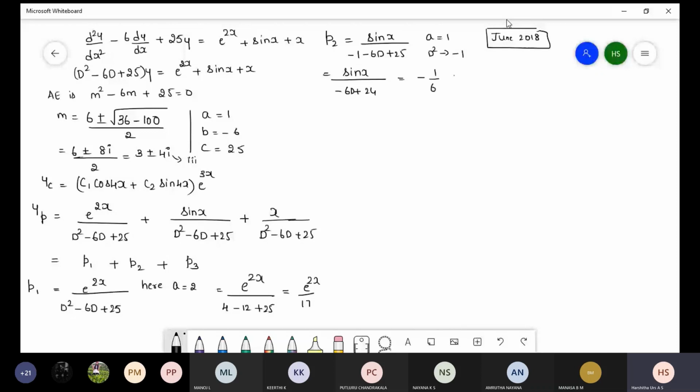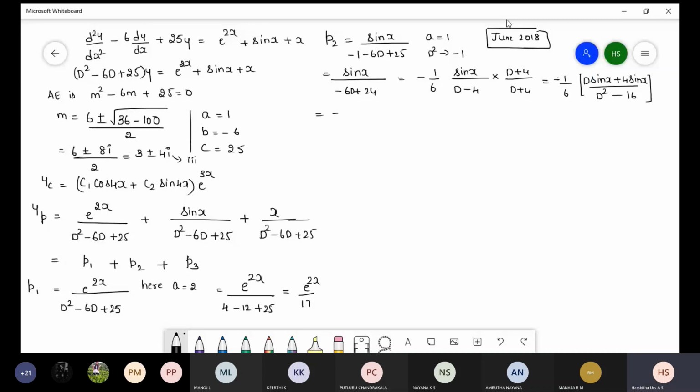So rationalization is d plus 4 divided by d plus 4. So minus 1 by 6 here, d square minus 16 in the denominator, d into sin x plus 4 sin x.